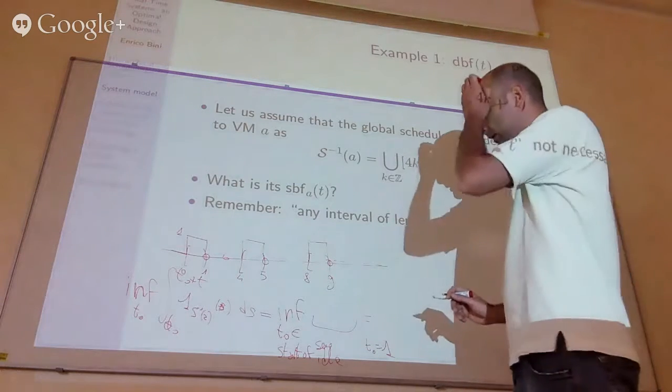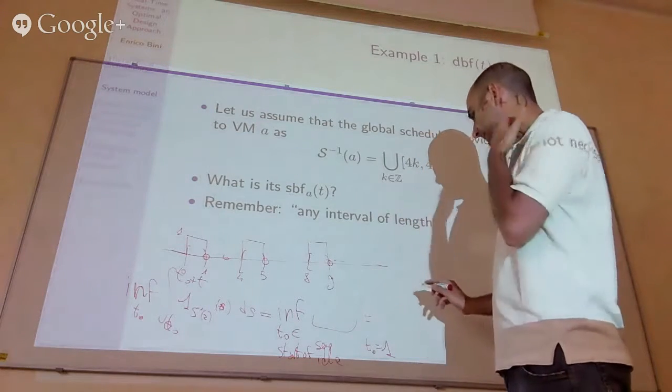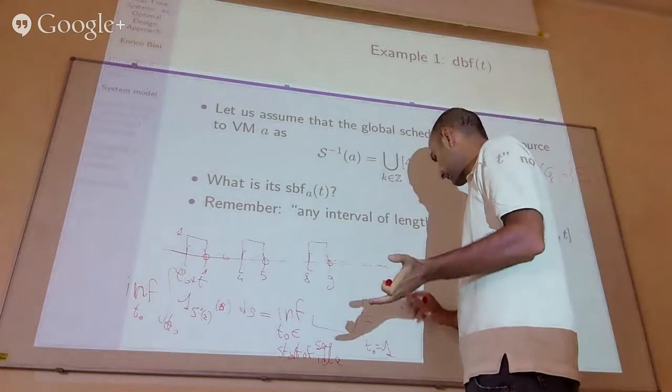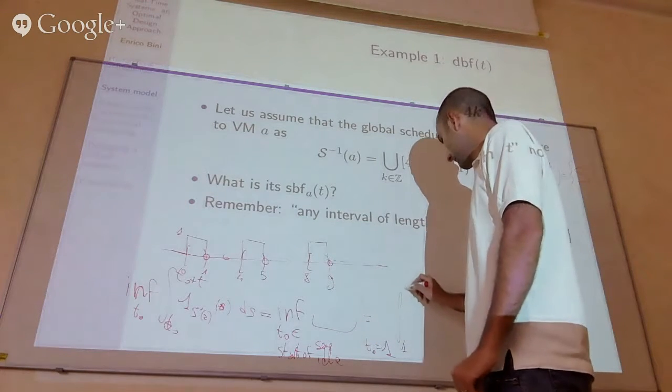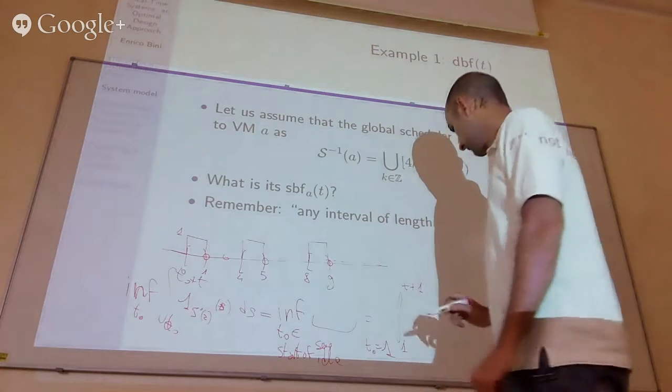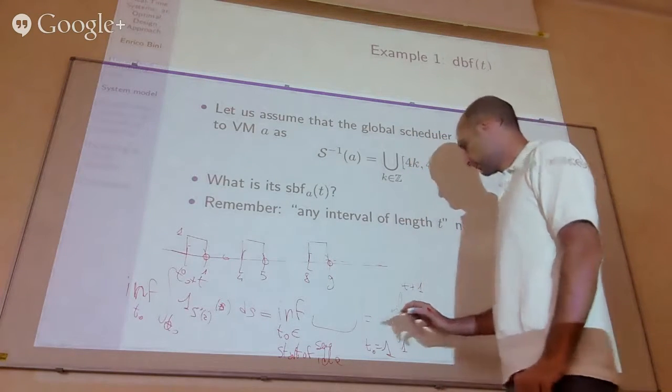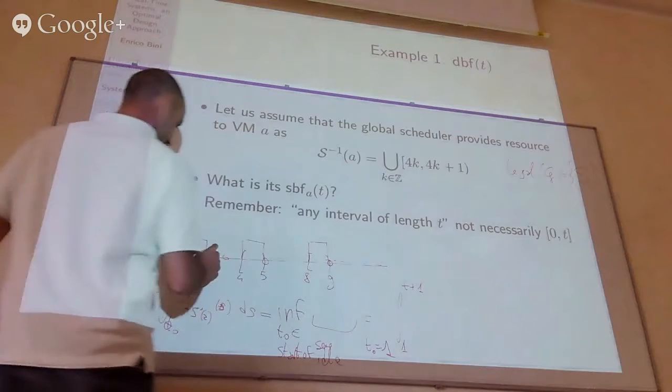So here we can do the same with T0 equal to 1. Now we have to do the integral between 1 and T plus 1 of this function.